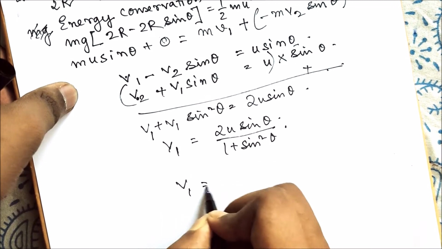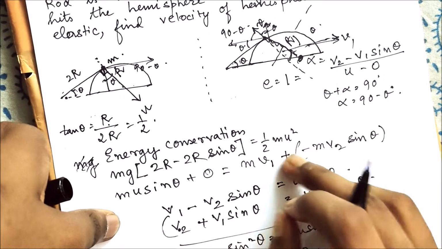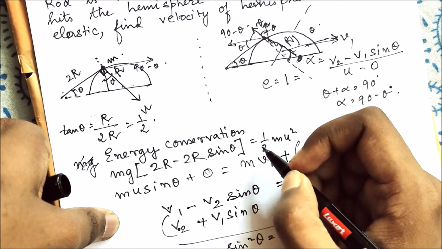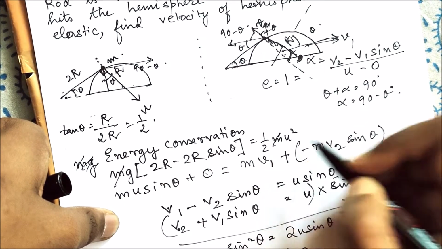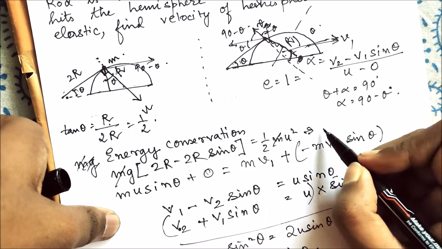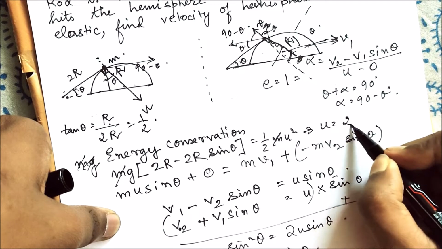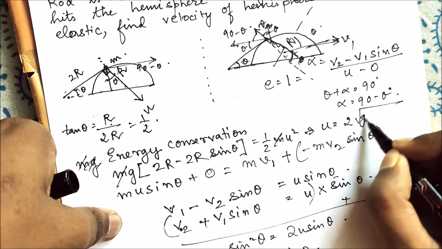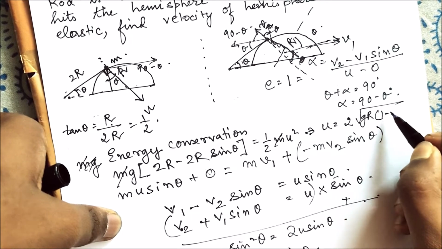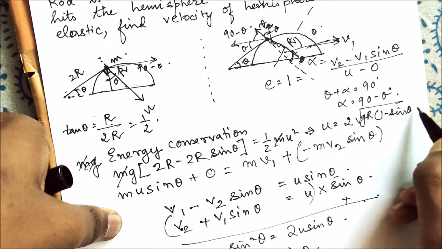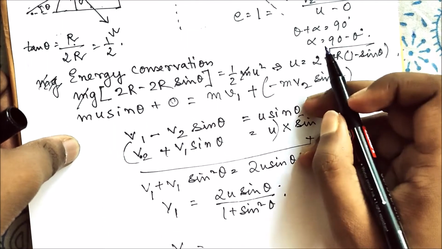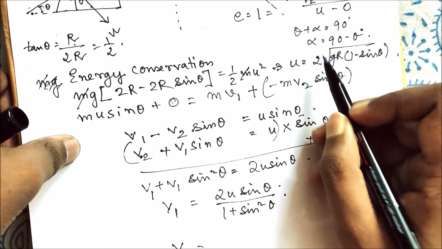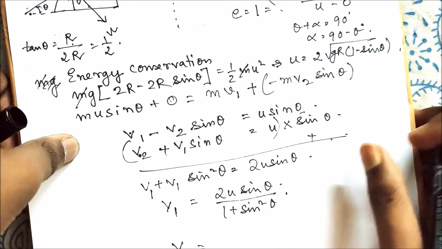Now we already know u from the energy equation, so u is equal to 2 into root under gr into (1 minus sine theta). Let me check once again: 2 root gr (1 minus sine theta).